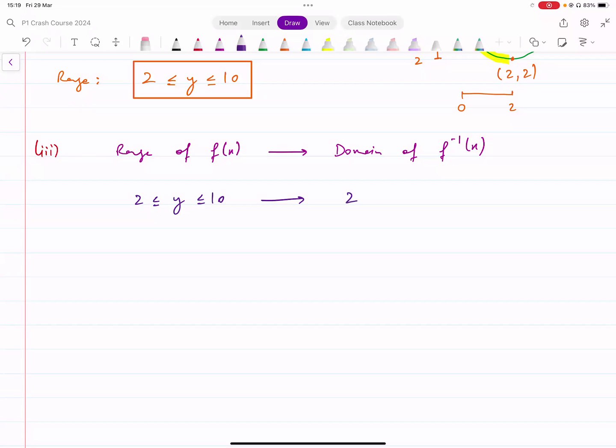The domain of f inverse is from 2 to 10 as well, but here, make sure that you're using x. It's a very common mistake to write y here as well, and that will not earn you that 1 mark. You will lose the mark if you use y there. So you have to make sure that you're using x here. x is between 2 and 10. That's the domain of f inverse. This is the result. This is part 3.